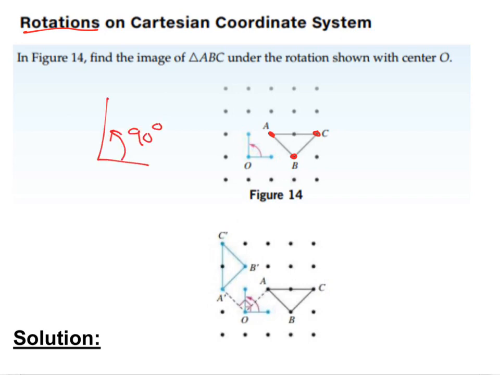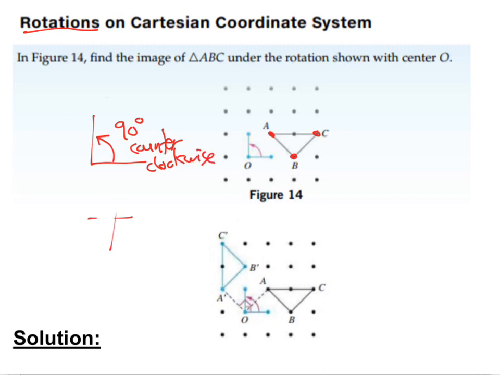That's 90 degrees. It's 90 degrees, and that's counterclockwise, isn't it? Because you know a clock hand goes that way, doesn't it?